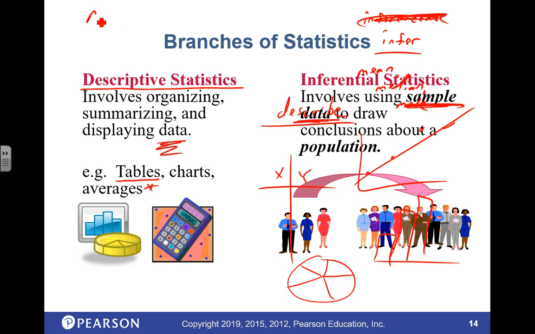And they'll say, well, 53% say they favor one voter, 42% favor another voter, and then there's some that are undecided. Now, they didn't ask every single person, but they asked a sample of people, and they're trying to infer what is going to happen at the election. So that's an inferential statistic.